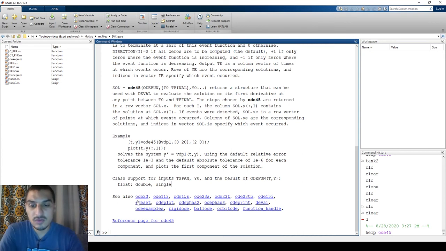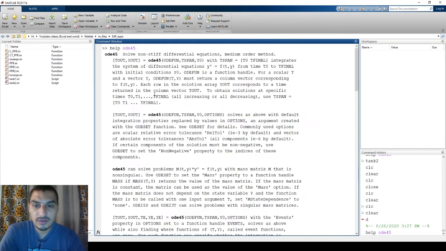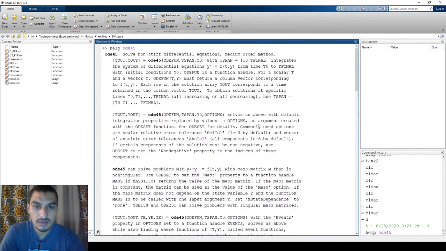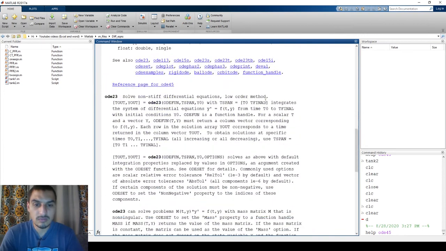There is ODE23. If you see here in the help of ODE23, it solves non-stiff differential equations with a lower order method, and here a medium order method. I do not know what they mean by medium order or low order method, and this might be something that you would find in the literature or in the MATLAB help and documentation if you're interested.